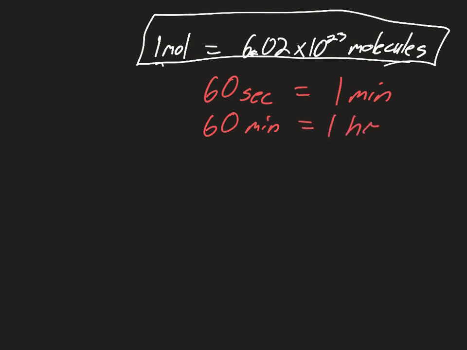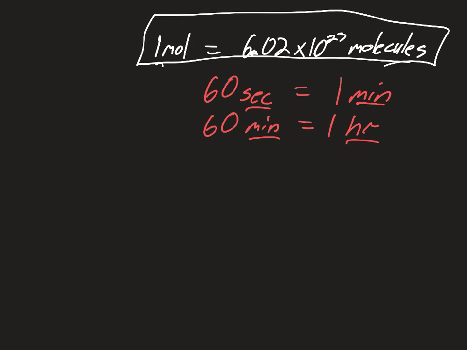Both of those are true statements. Even though 60 does not equal 1 mathematically, because of the units, both are true: 60 seconds is equal to 1 minute, and 60 minutes is equal to 1 hour. That means you can divide either side through in order to use it to calculate.